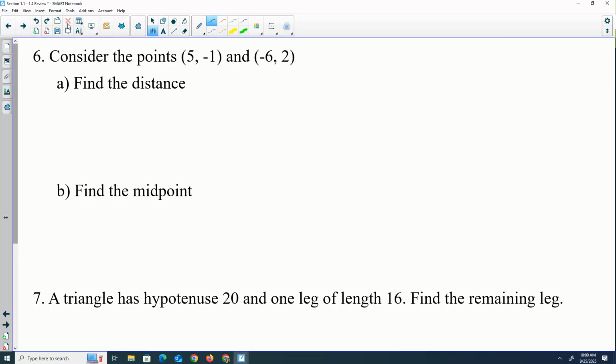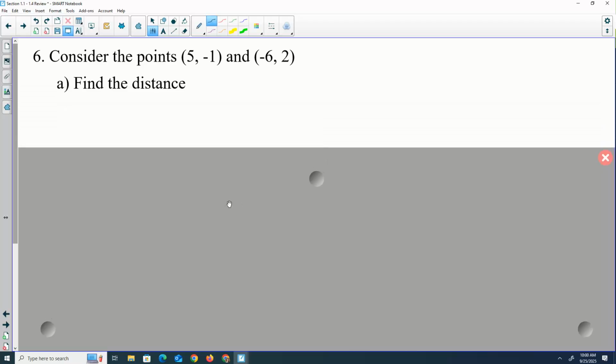Kind of working backwards, our newest to oldest stuff. If I give you 2 points and I want the distance between them, I put the formula on the board. Remember, each ordered pair has an x and a y. That's x in the first, y in the first, x in the second, y in the second.